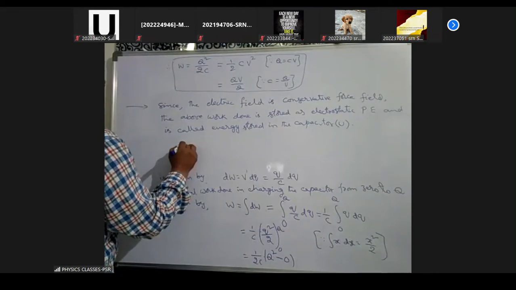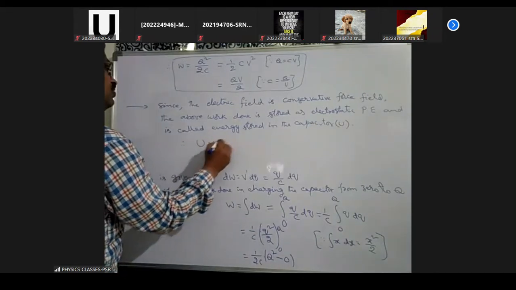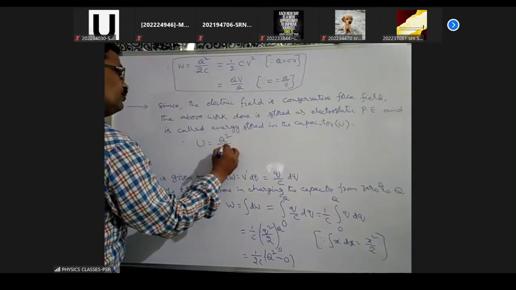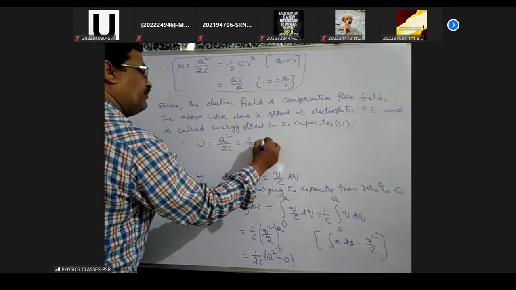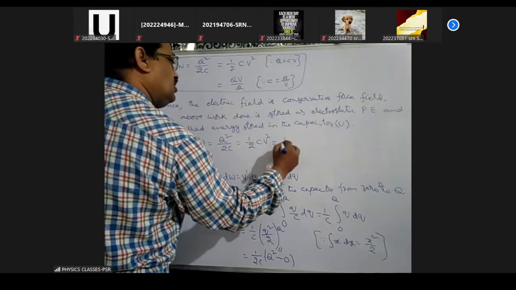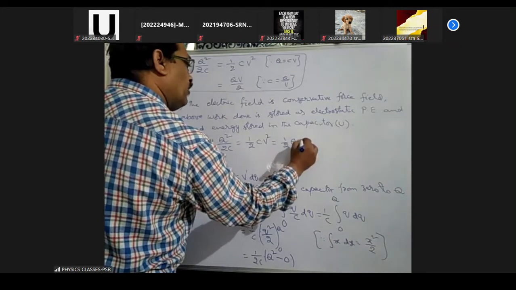Therefore, capital U is equal to Q square by 2C, which is equal to half CV square, which is equal to half QV.